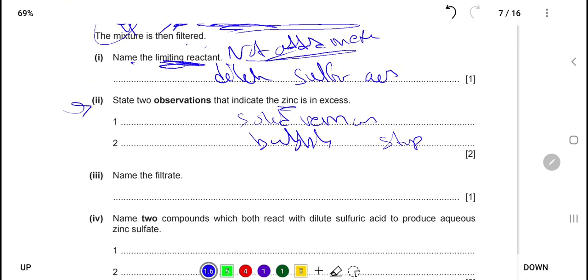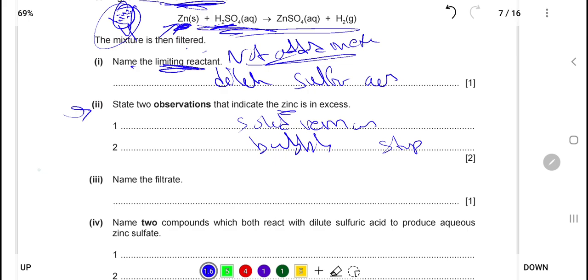Okay, now name the filtrate. Again, what is the filtrate? This is the filter paper, right? The residue is here, the filtrate is here. The residue is the insoluble substance because it stays here. The filtrate goes down, which is the soluble substance.